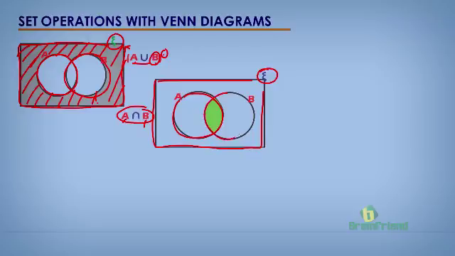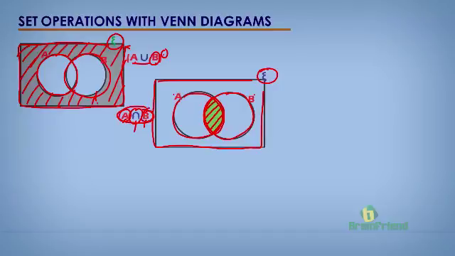B is also represented as another circle. The operator here, which is our intersection, is depicted by the intersection between both circles A and B. That intersection is further shown by our shading here. The shaded portion is the intersection between A and B.